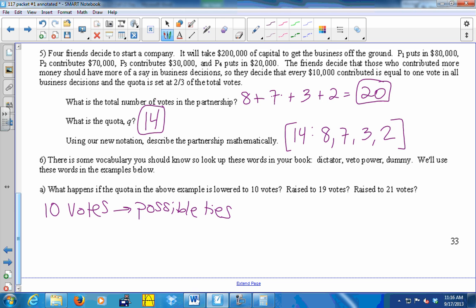All right, what happens if I were to raise the quota to 19? Say we're going to require 19 votes to pass a motion now. 19 votes to make a decision.